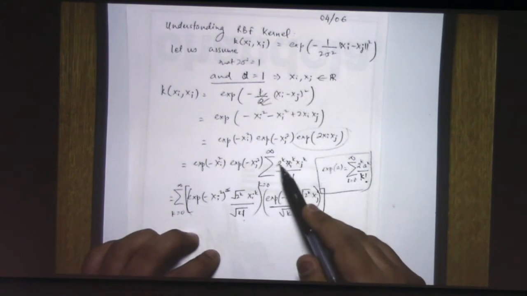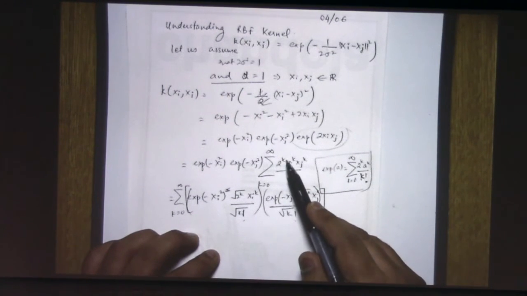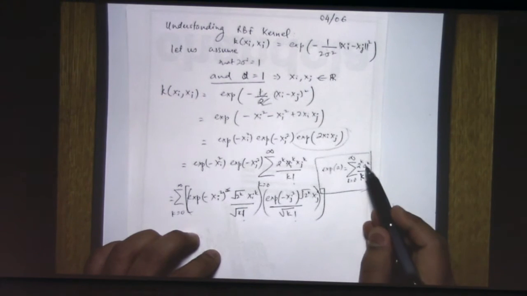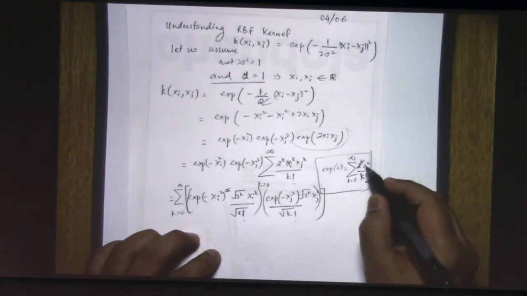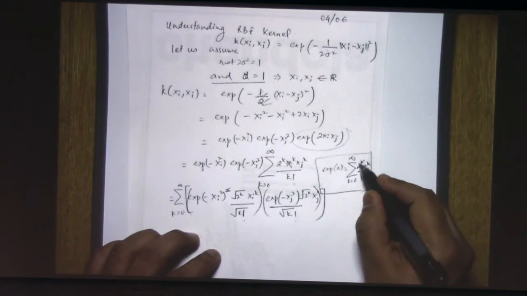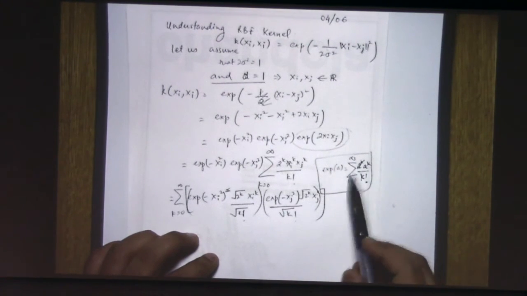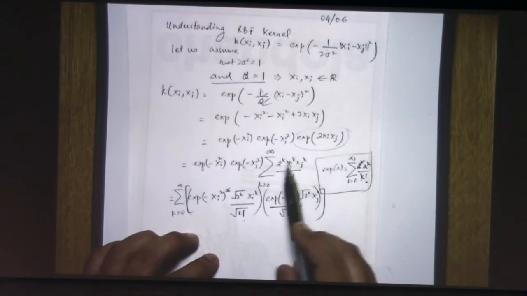There's a 2, that's why I have a 2k as well. So I replaced that a, oh, I think this is not there, right? It's just this, sorry. Yeah, good catch. So this is the Maclaurin series expansion, so that's why I wrote it like this.